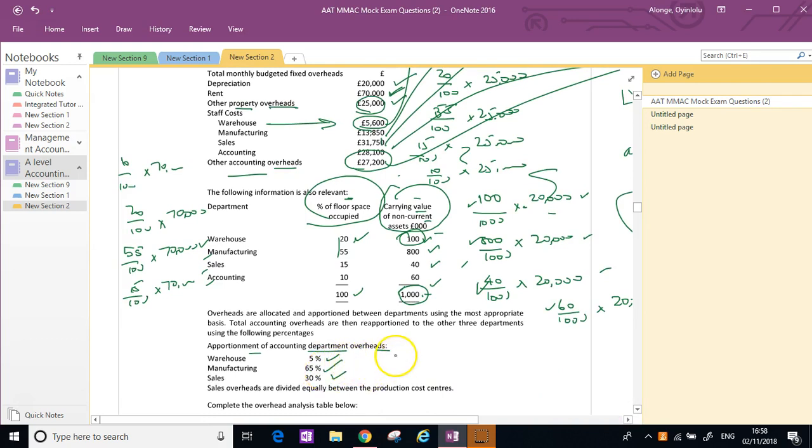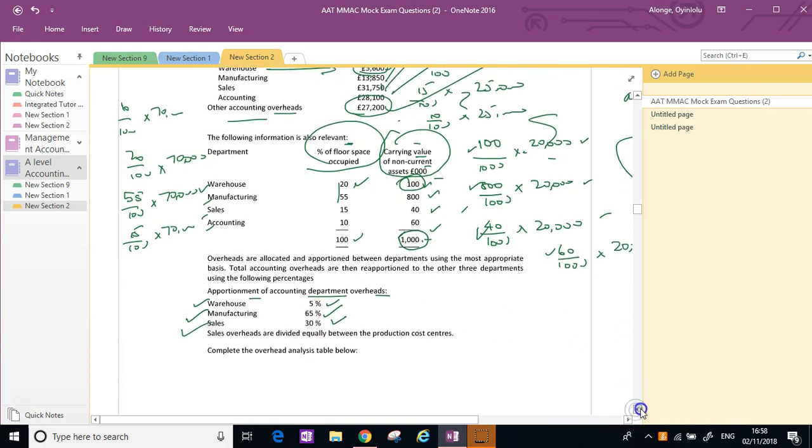What this really means is that the accounting department does work for about 5% of the folks in warehouse, 65% in manufacturing, and 30% in sales. Maybe this might be due to invoicing volumes. So we now need to split up that cost, 5%, 65%, 30%.